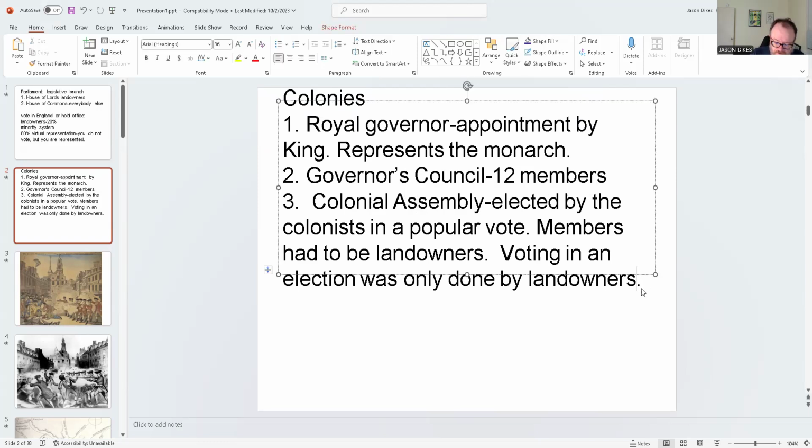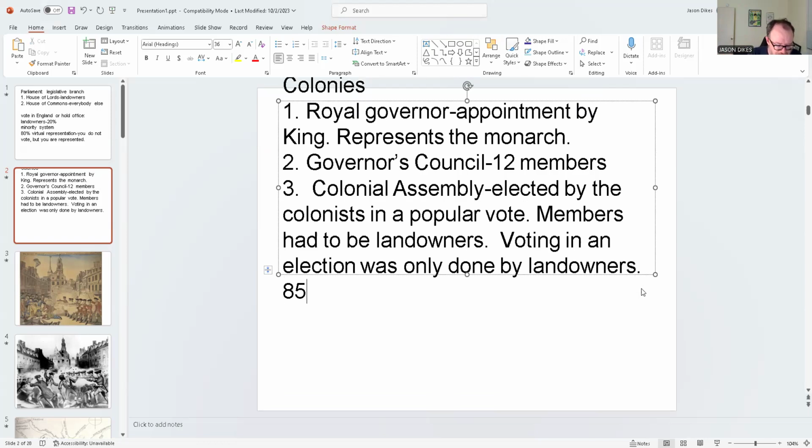The difference, though, is that in England, 20% of the male population owned land. In the colonies, about 85% of men are qualified to either vote in the colonial election or run for office.